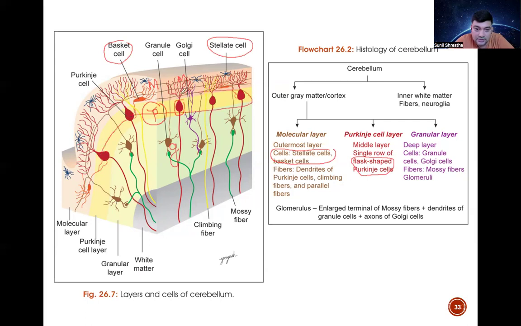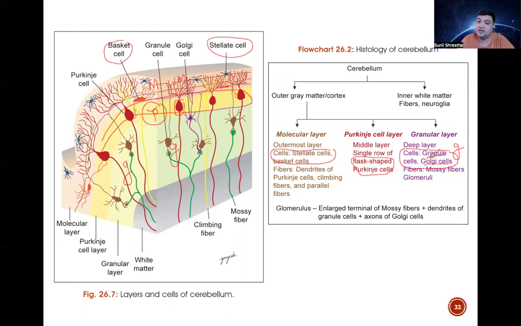After that, in the lower part, the granular layer, you will find two cells whose names start with G: the granule cells and the Golgi cells. Sometimes the granule cells are also called granular cells.